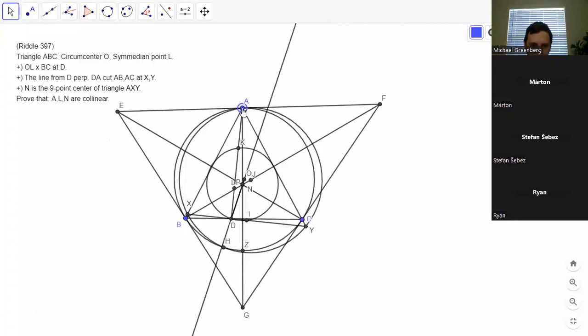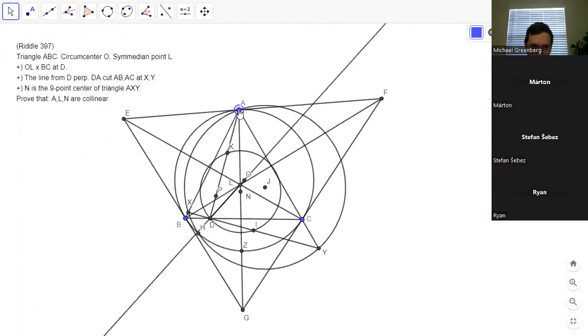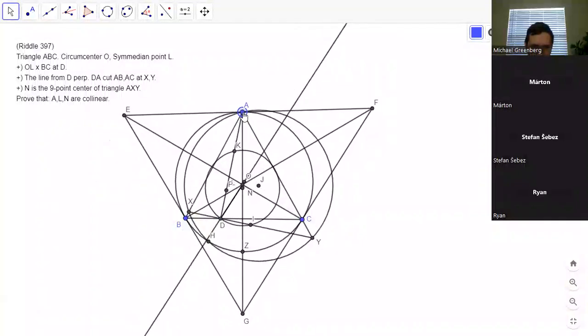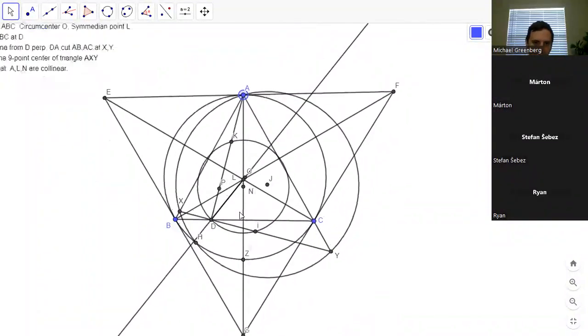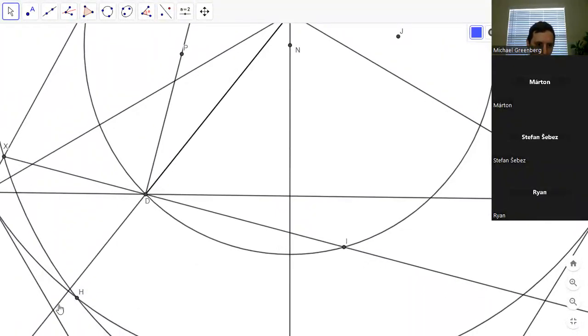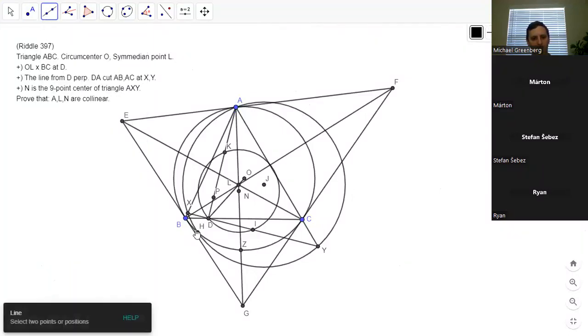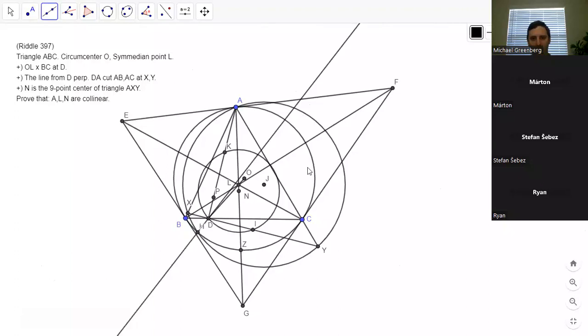Let's see. I guess I'll just zoom. Yeah, it misses just barely. If I draw HD, there you can see they're different.